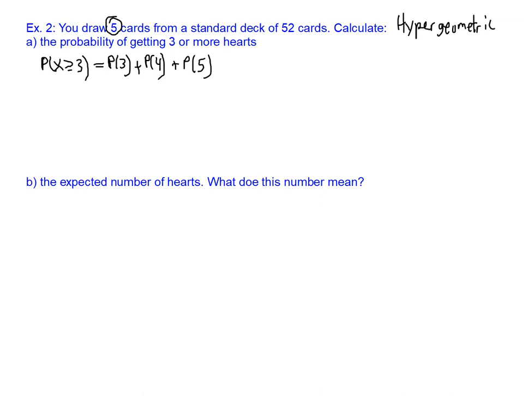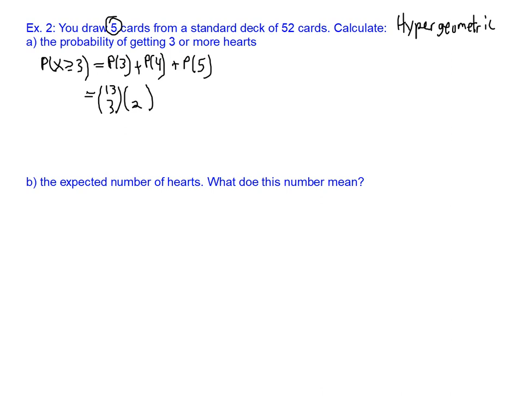Alright, let's continue on here. What is the probability that we get 3 hearts? Well, there are 13 hearts in total. We want to choose 3 of them. Sorry, that's a really bad looking 3. Let me clean that up. So we want to get 3 hearts, which means that the other 2 cards in our 5 card hand have to come from the cards that are not hearts.